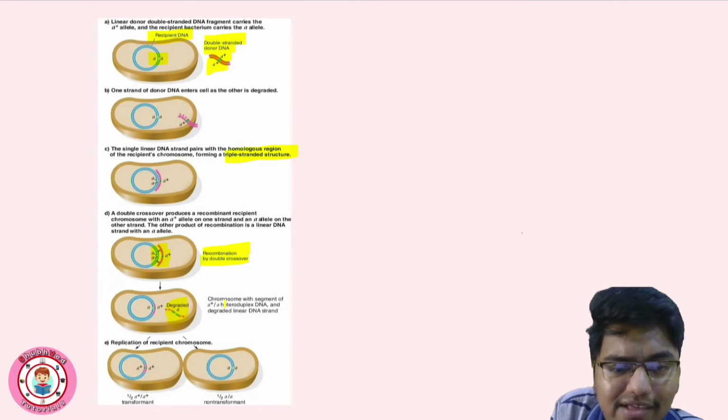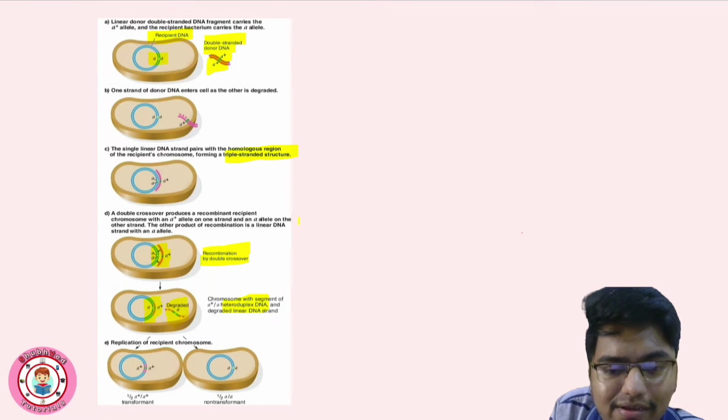The next important term is heteroduplex DNA. When a chromosome has one strand with one gene, A, and the other strand with a different gene, A plus, this is known as heteroduplex DNA.